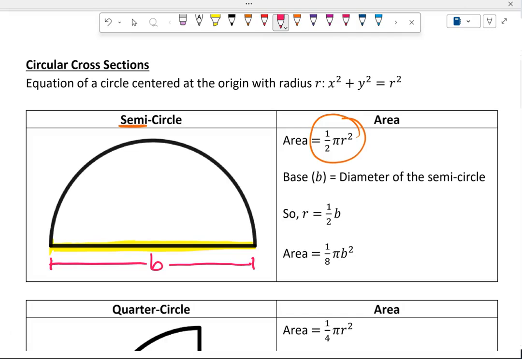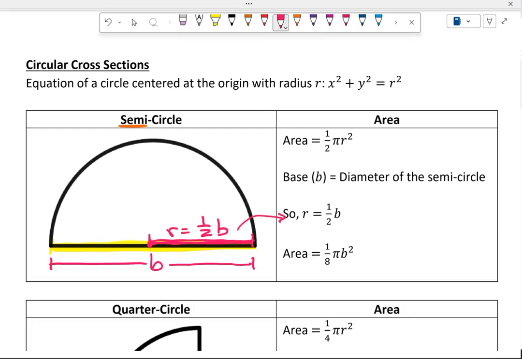However, if we want to have our equation in terms of b, then we need to replace r with something in terms of b. Well, r is our radius. Radius is half of the diameter, right here. So then r would be half of our b, because that is what our radius is.